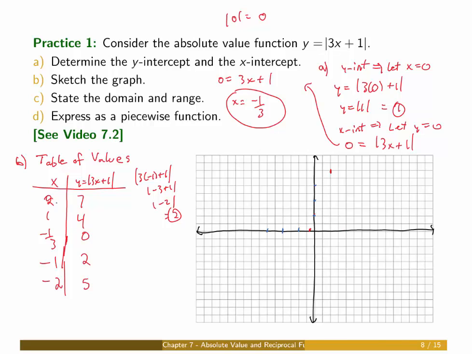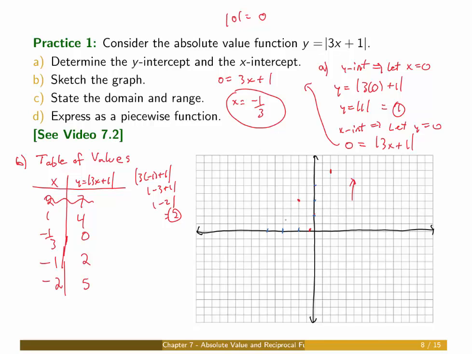Okay, let's omit this guy. That would be way up here. Let's just do negative 1 will be 2. And then, of course, negative 2 will be 5, which, once again, will be quite high up.